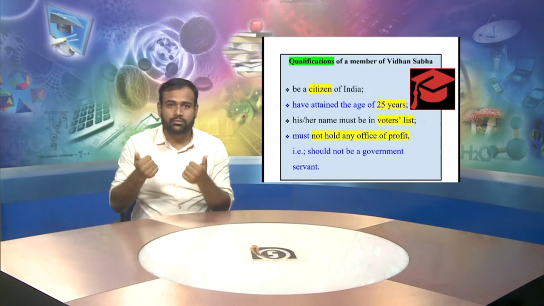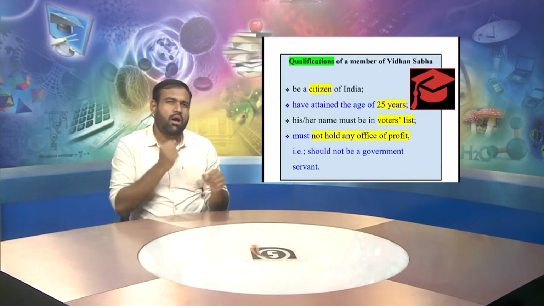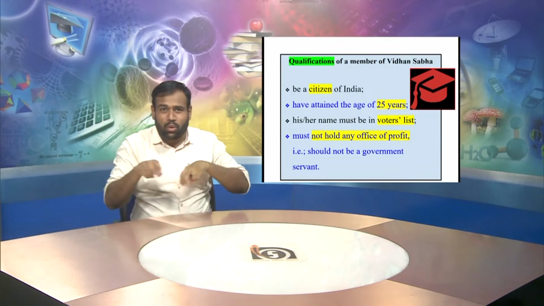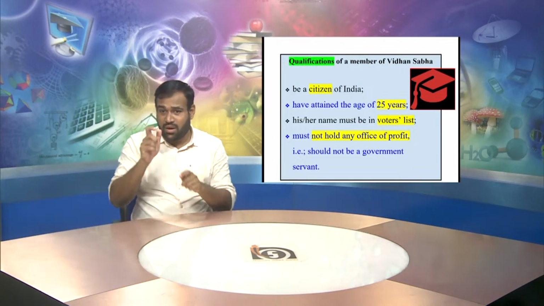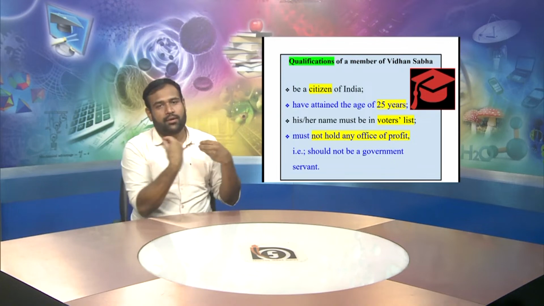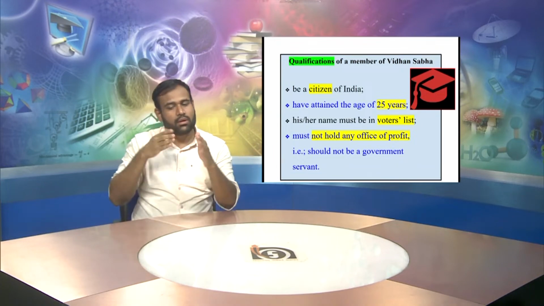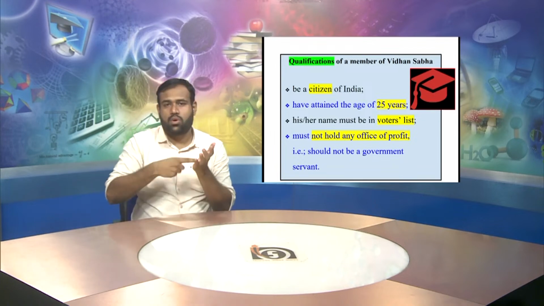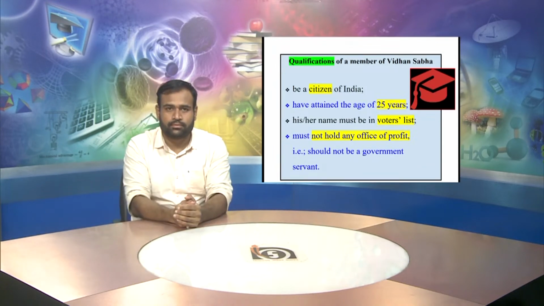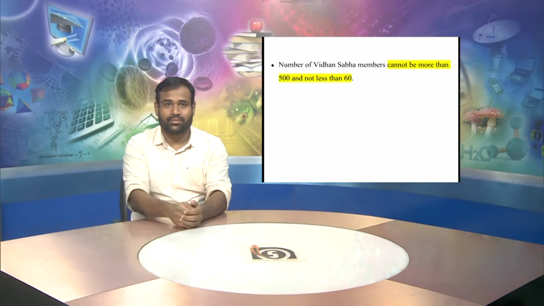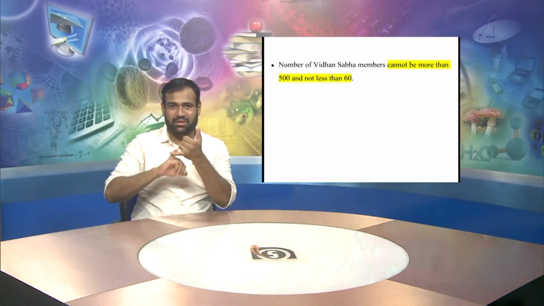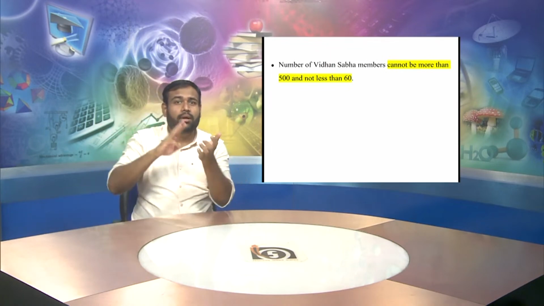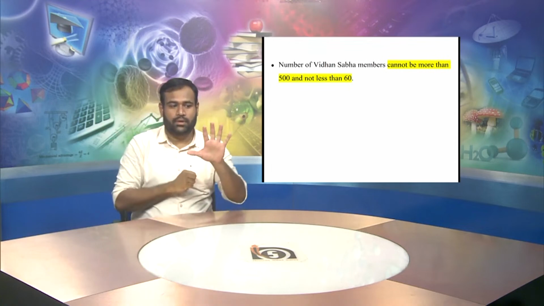Next important eligibility is that candidate must not hold any office of profit, means candidate should not be a government servant. The number of Vidhan Sabha members cannot be more than 500 and not less than 60.